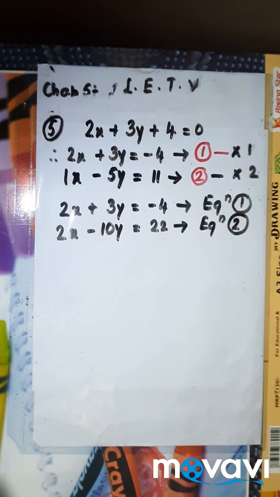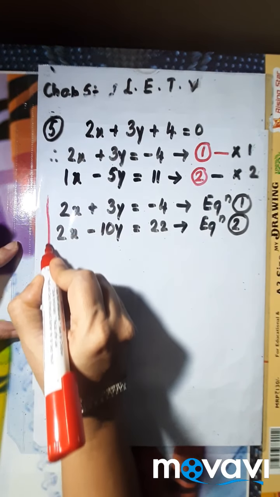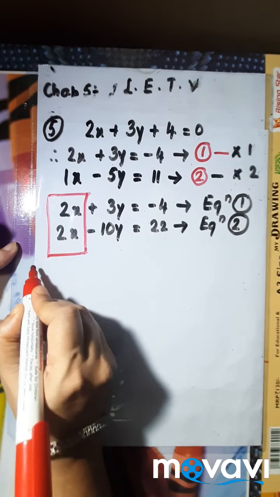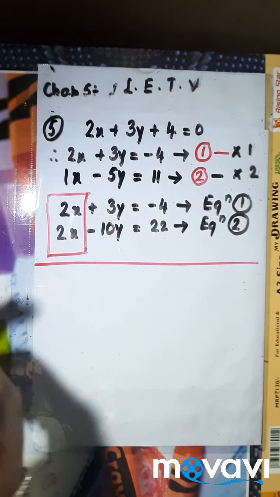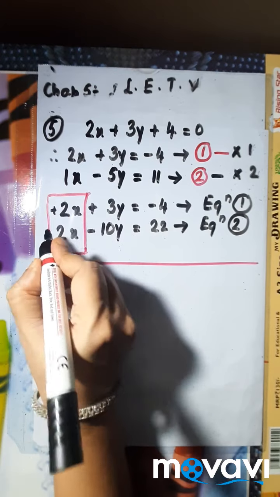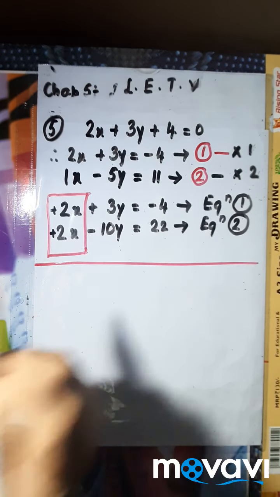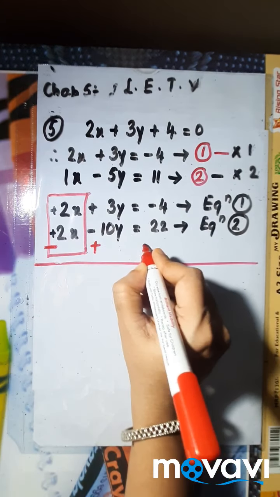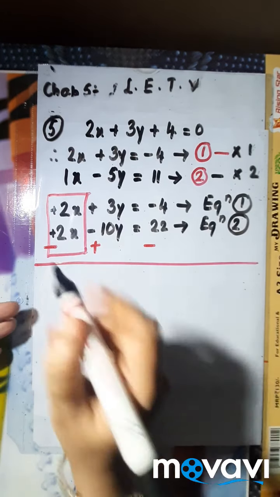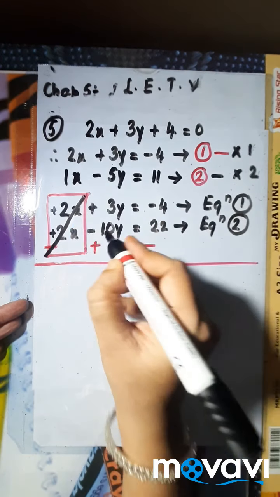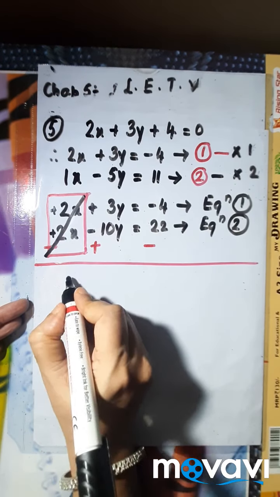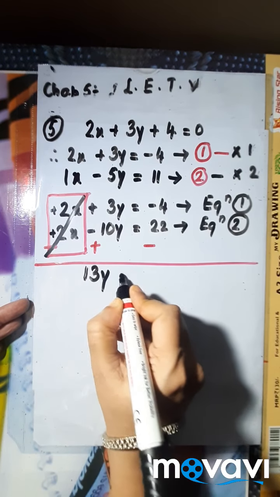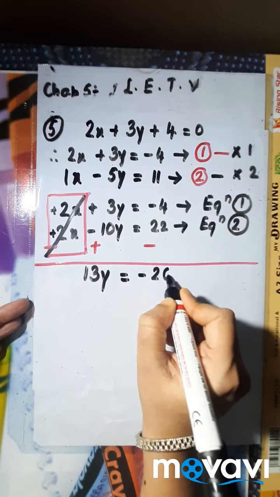Now look at the sign here. This is plus and this sign is plus. If the signs are the same, what must I do? I must subtract the two equations. So this becomes minus, this becomes plus, and this becomes minus. So this gets cancelled. Plus 3 plus 10 is 13y equals to minus 26.